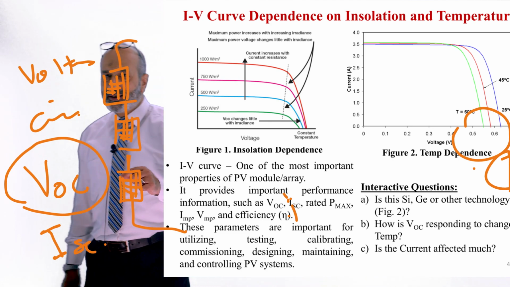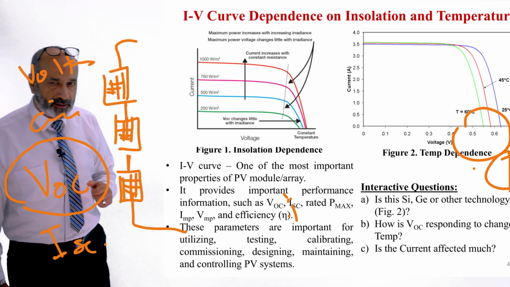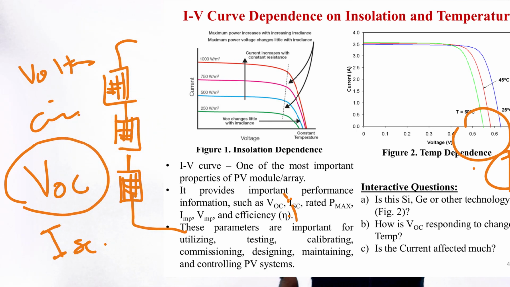So in hot areas, the photovoltaic system is not so efficient, while the current will remain almost the same when the temperature increases or decreases. The current is only affected by the light.